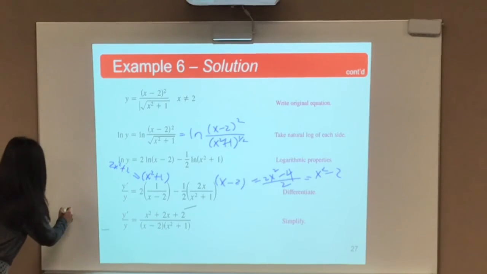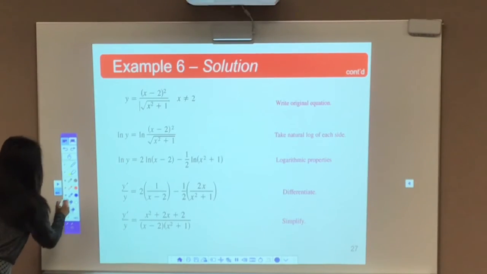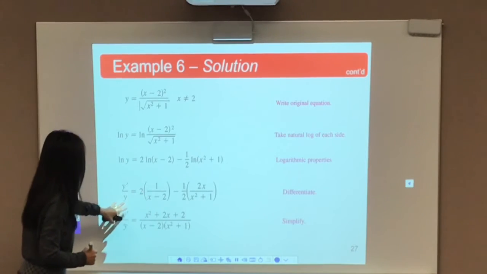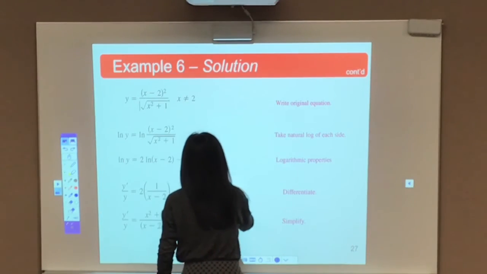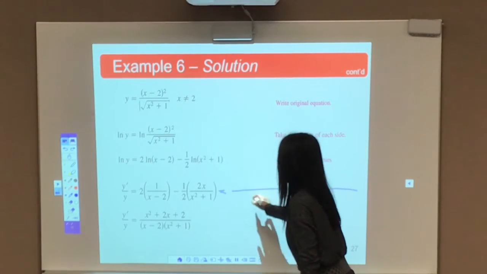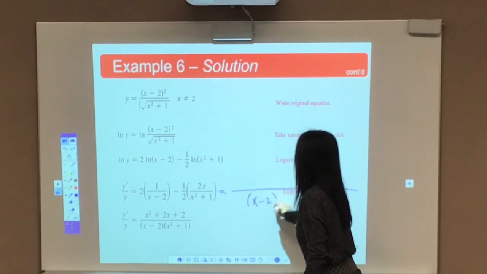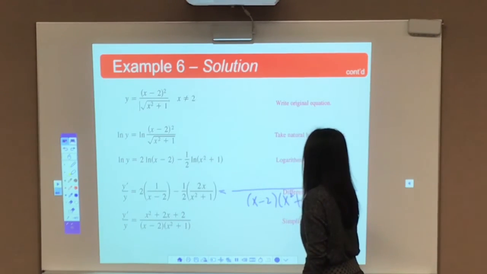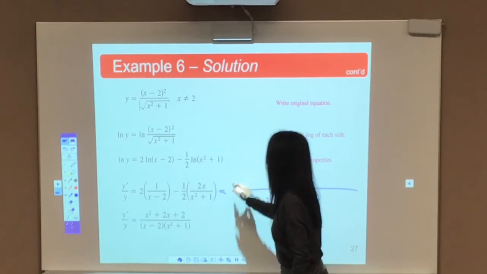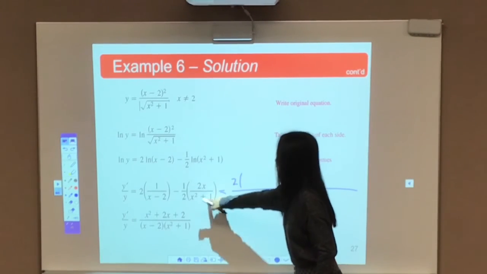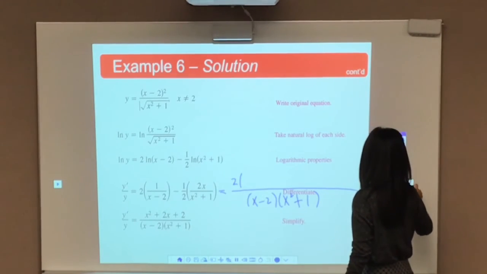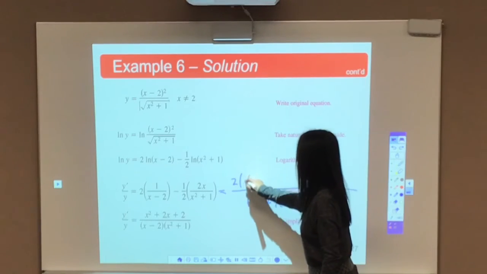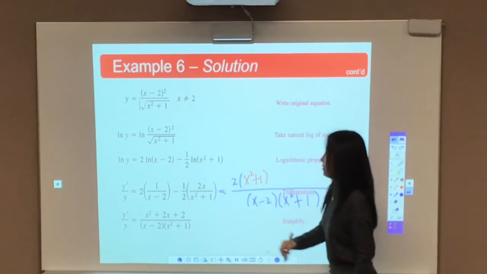Let me erase this one so we can see how they got the number. All right. Substitute. So we have x minus 2, and then what? x squared plus 1. So I will multiply this one by 2 times which one? This. Am I right?